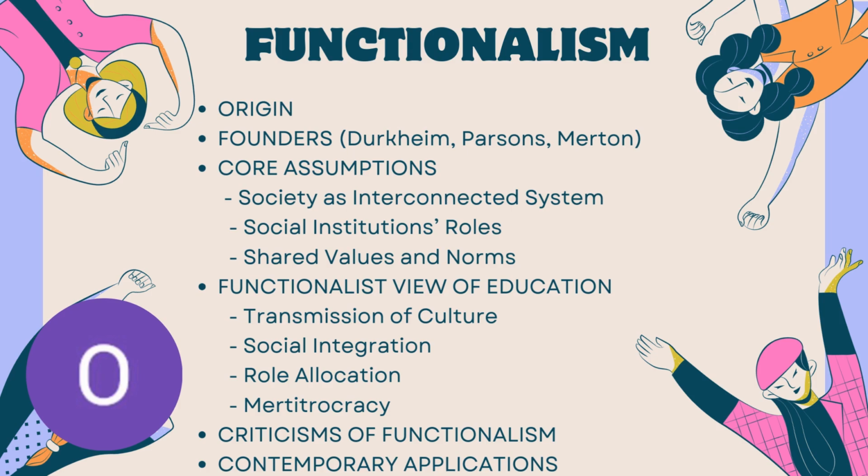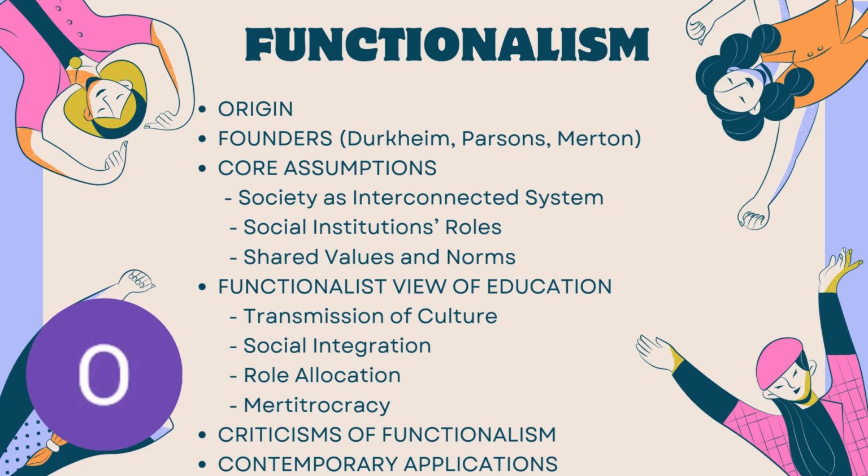Core assumptions. Functionalism rests on several key assumptions about the nature of society and social behavior. Society as an interconnected system. Society is viewed as a complex system of interconnected parts, like social institutions, norms, values, roles, that work together to maintain the stability and functioning of the whole.